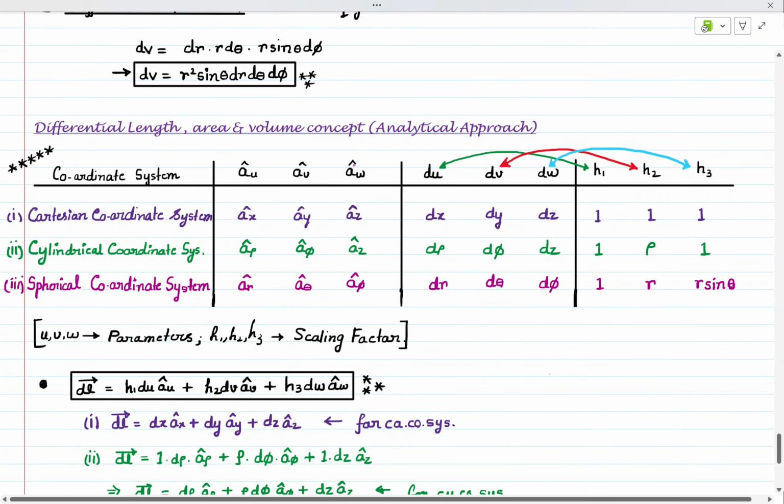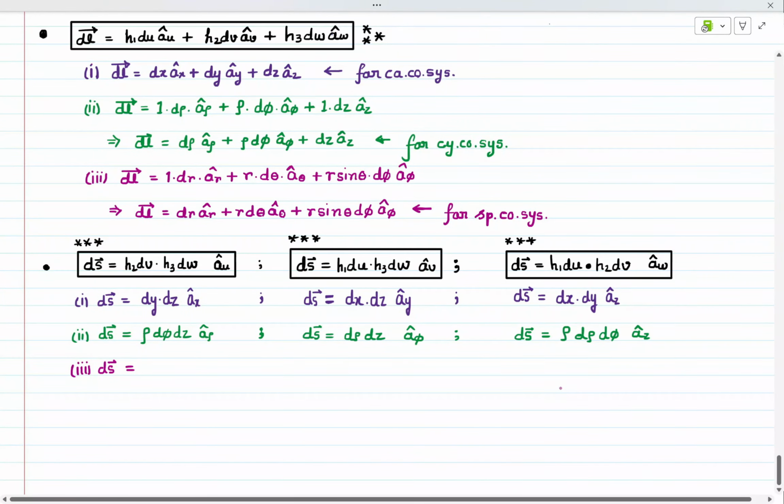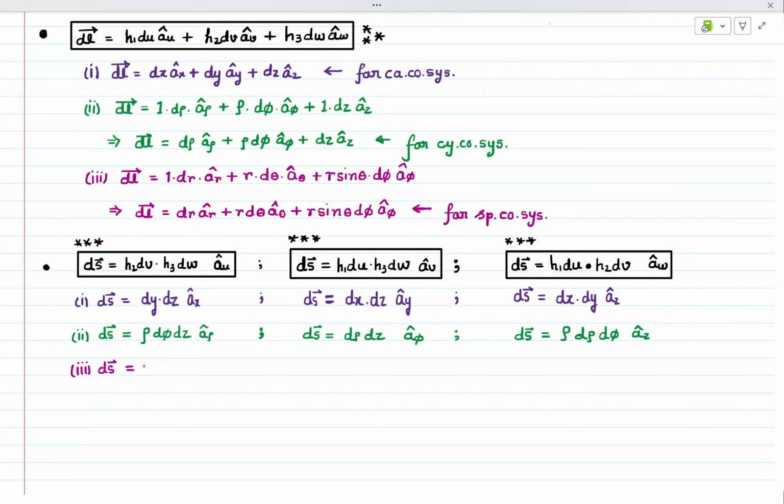I'm sorry, first of all, I'm trying to write the differential area in the direction of aU, so that means in the direction of aR. So I can write r into r sine theta. That means r square sine theta d theta d phi into aR according to this formula. So that is nothing but r square sine theta d theta d phi in the direction of aR.